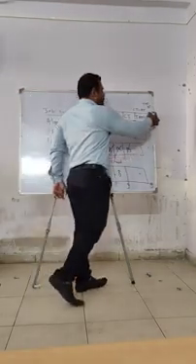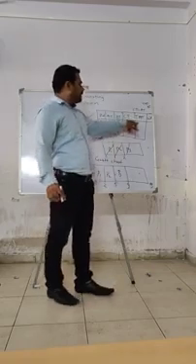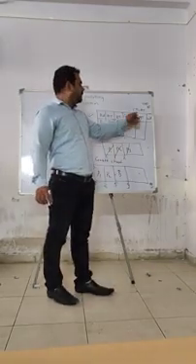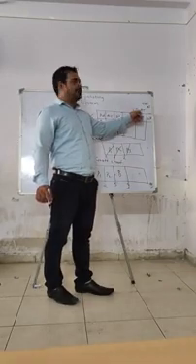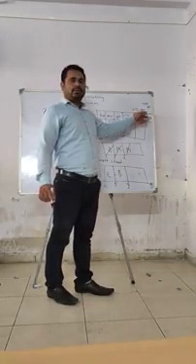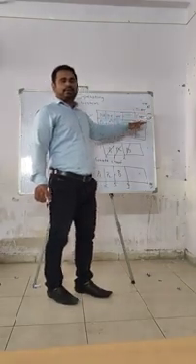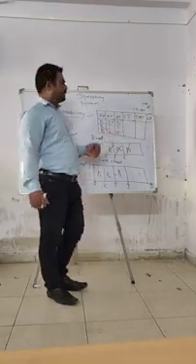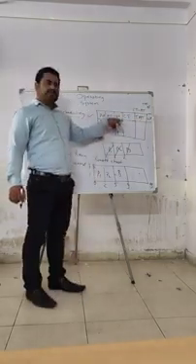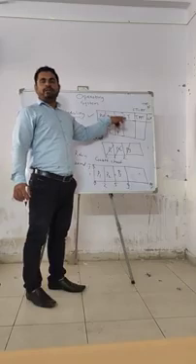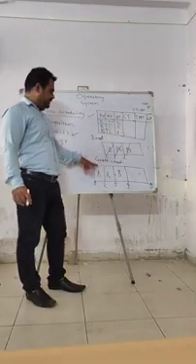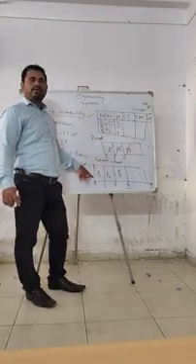So to calculate the turnaround time, we have the formula: completion time minus arrival time. All these things we will calculate one by one. First we will write the completion time from the Gantt chart.